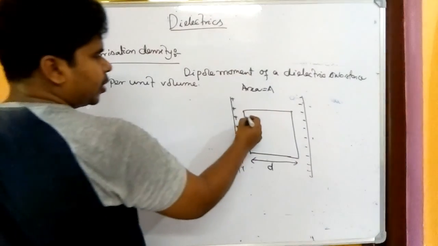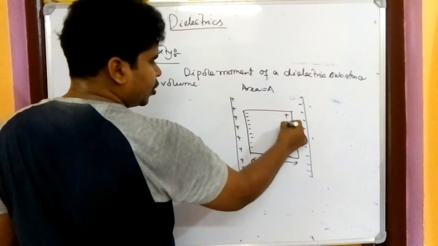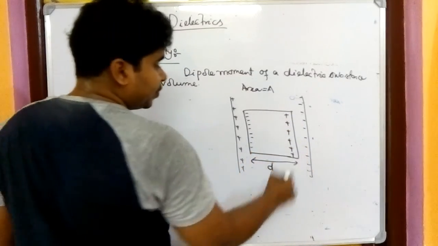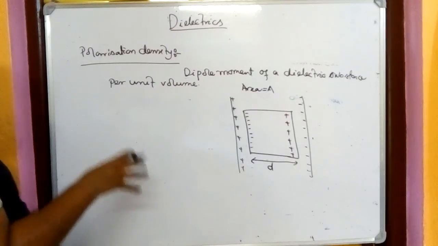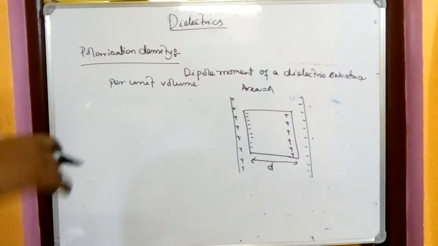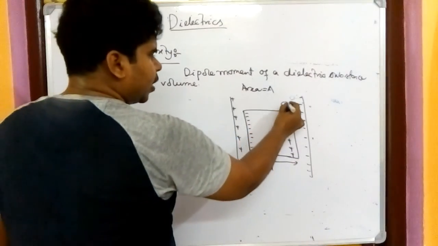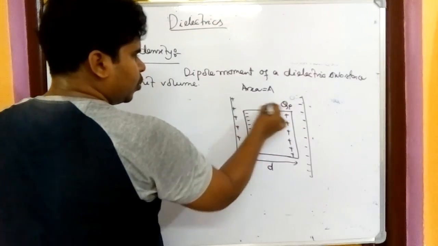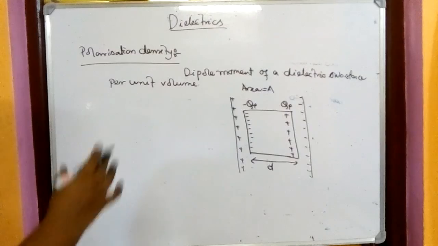Due to the presence of external electric field, we know that at the two terminals opposite charges will be generated. Assume these charges are generated due to polarization. So the value of the charges is QP, and minus QP.